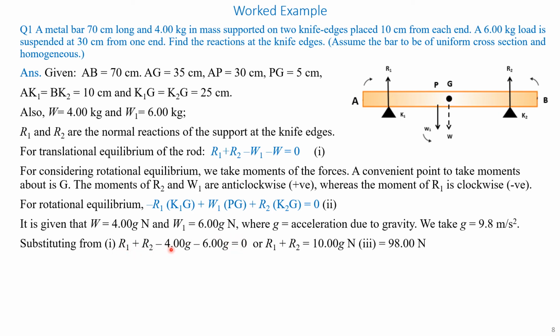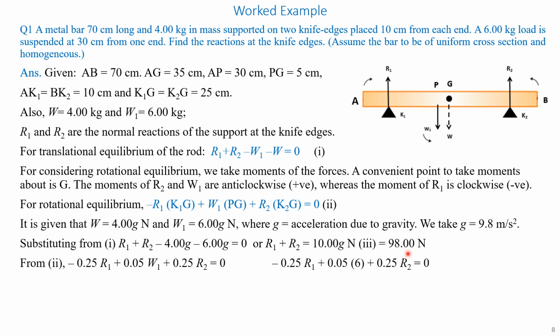This is from equation 1. Or we can write R1 plus R2, which are unknown, equals 10g. That is, we are moving these two terms 4g and 6g to the right. Let it be equation 3. Therefore, R1 plus R2, multiplying with 9.8, is 98 newtons.